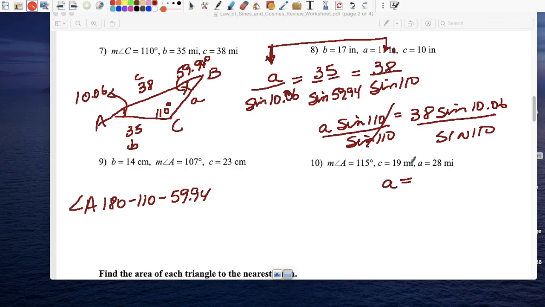With this one, we get 38 sine of 10.06 over sine of 110. And side A is 7.06. There we go. Just completed the triangle.